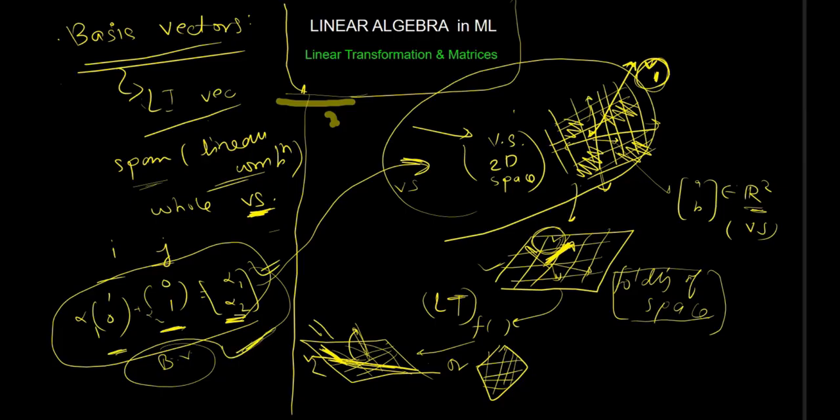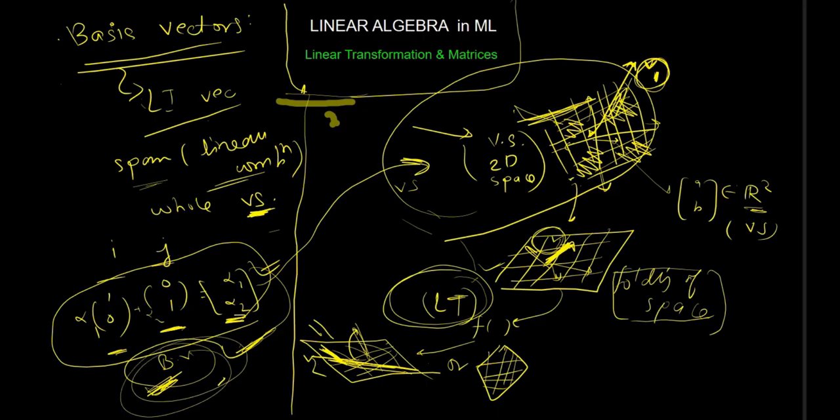So if we want to make any type of changes here, where do we have to make the changes? In the basis vectors. So tell me, if you are doing a linear transformation of this whole vector space, just changing the vector orientation, where do we have to start? Yes, in the basis vectors. So this is the importance of the basis vectors. When we do any type of linear transformation, it is the basis vectors that are changed.